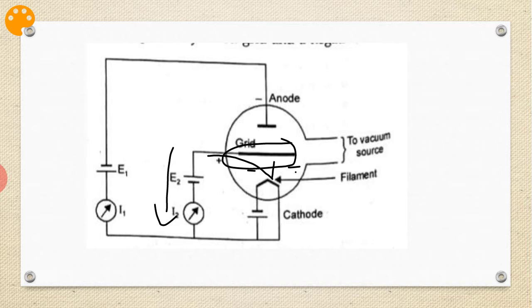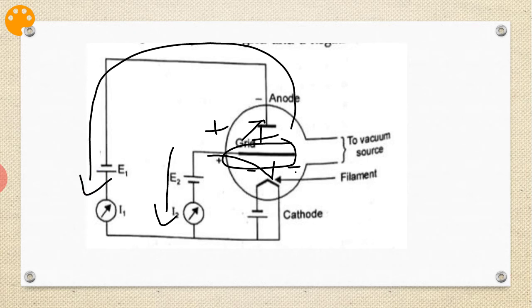Now some of the electrons, which are highly energetic, start reacting with the gas whose pressure is to be measured. Due to the ionization, the positive ions come towards the negatively charged plate. Hence the current I1 flows.